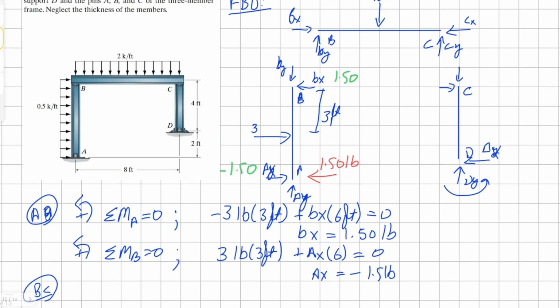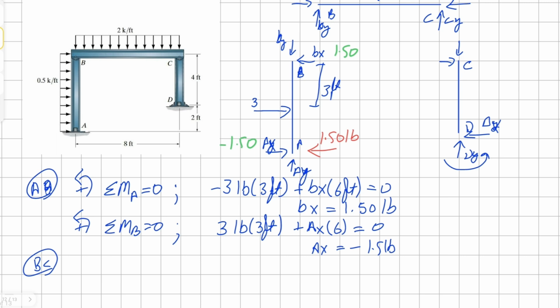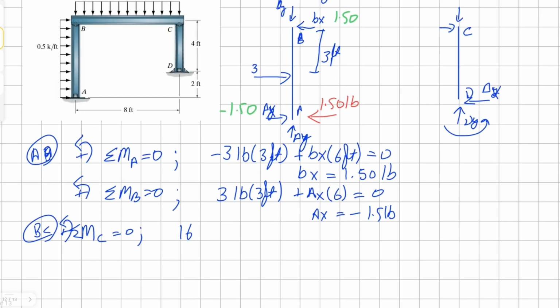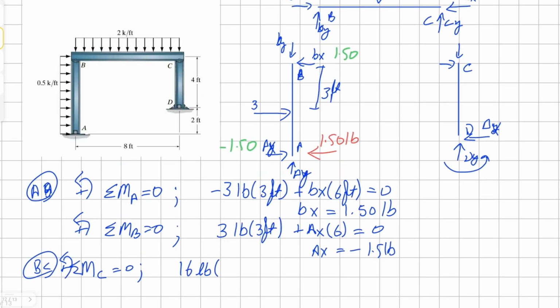For member BC, we know the value of the horizontal component at B, therefore we're going to take moment about the point C. Point load is acting counterclockwise, and it's 16 pounds, and it's 4 feet away.